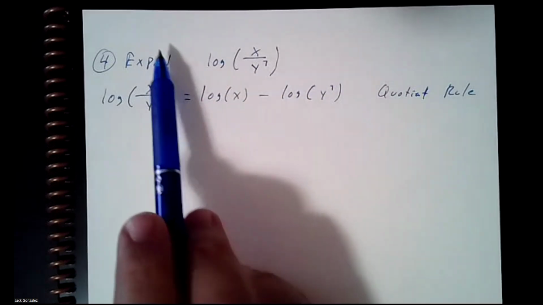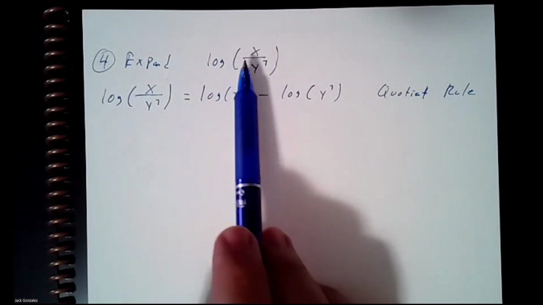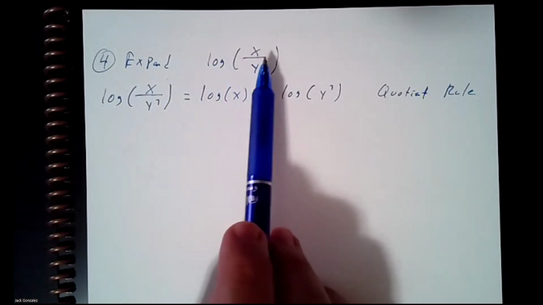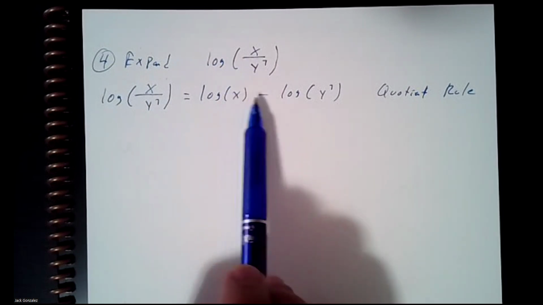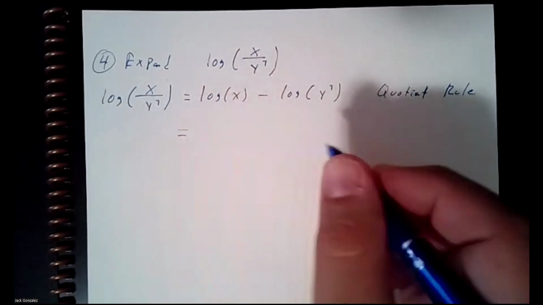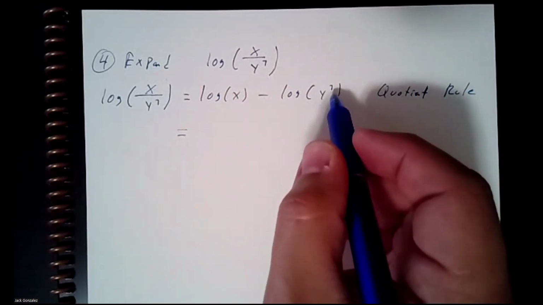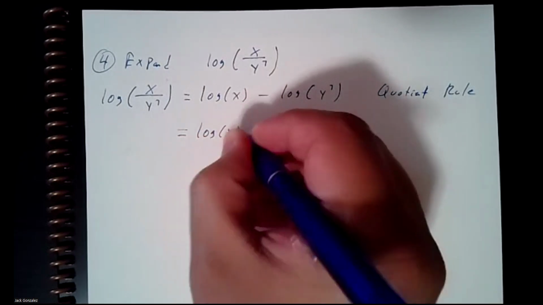Because when it says expand, you want to expand as much as you can. Basically you want to make it look more complicated. So apply a new property to make it bigger, more complex. So if it has a power, what do we do with the power? This one has nothing, so we're good with this first part.